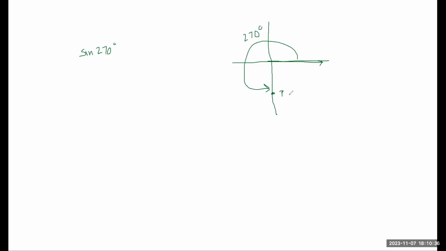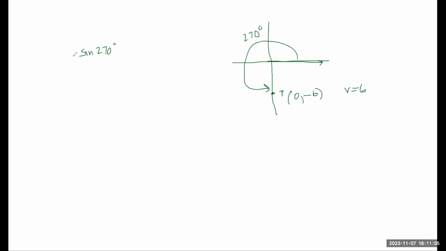So I would ask somebody in class and they would say, hey, x is 0 and this y value is, let's say it's -6. It's a nice number. Well, then I would ask you, this is the x value and this is the y value, then what's the r value? And you'd have to say the distance from the origin to this point has to be a distance of 6. Well, that's going to give us our 6 trig ratios.